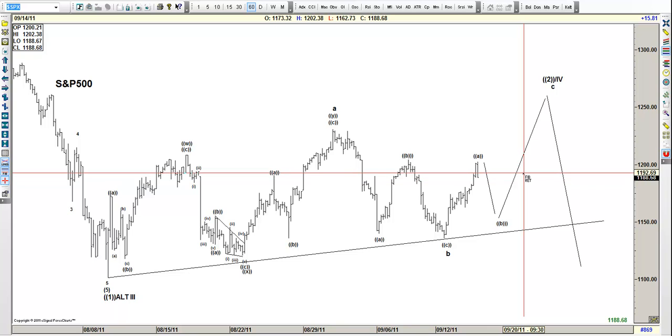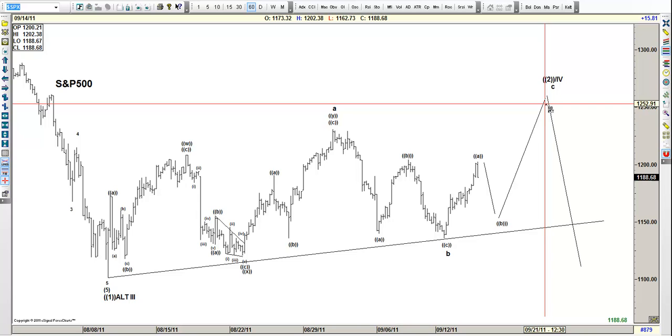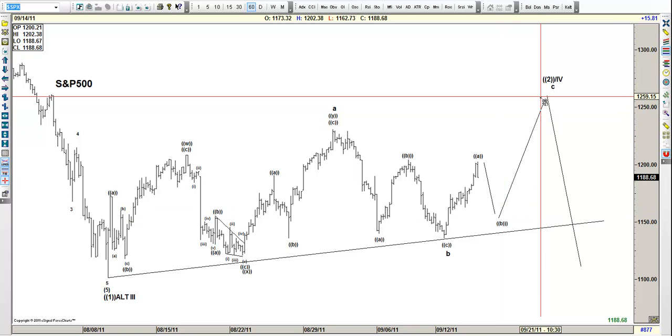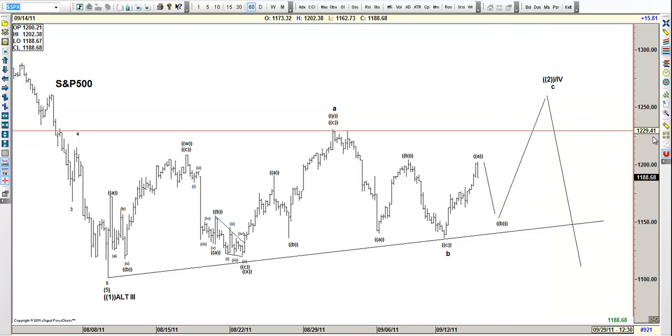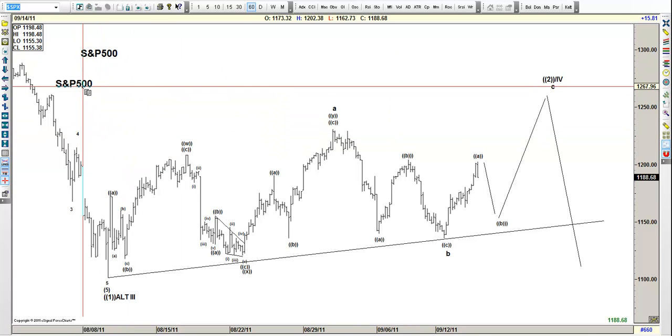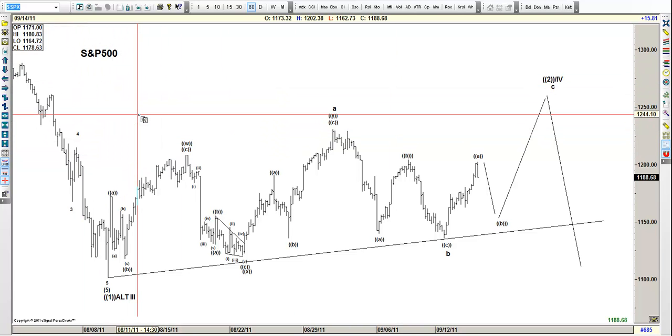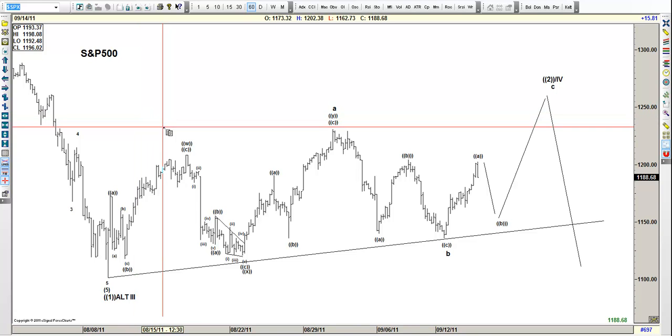But after that the S&P should trade higher, and that bounce is the one we are expecting in risk to happen, and that's going to take the dollar lower and the euro higher, as you guys know already.